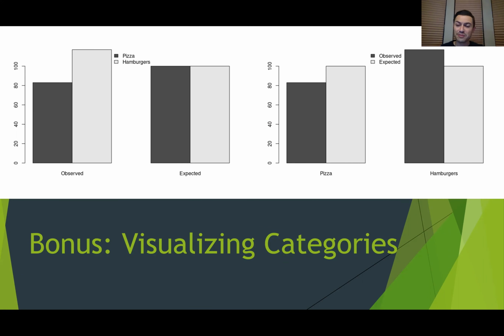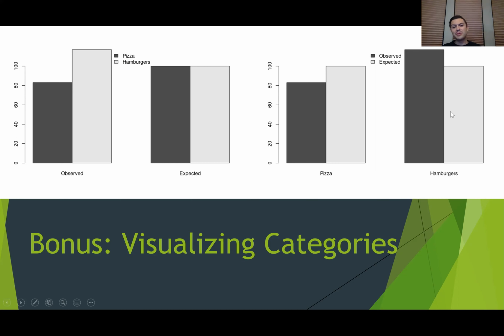We've got the observations on the left, and on the right part of this left bit, we see a 50-50 split. We can see that the hamburger bar in light gray is higher than the pizza bar in dark gray. That makes sense, that's what we've seen.